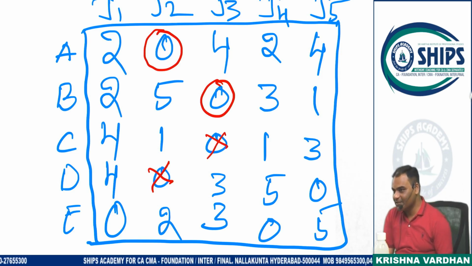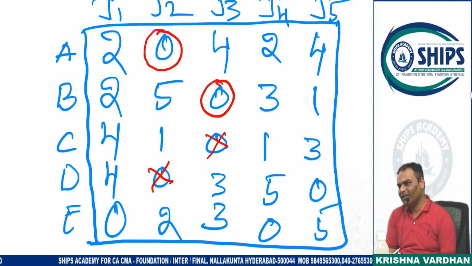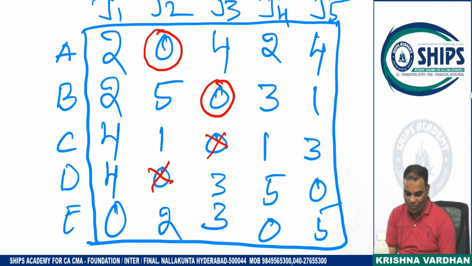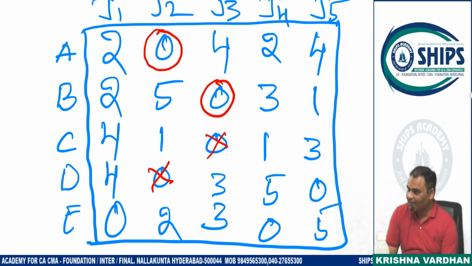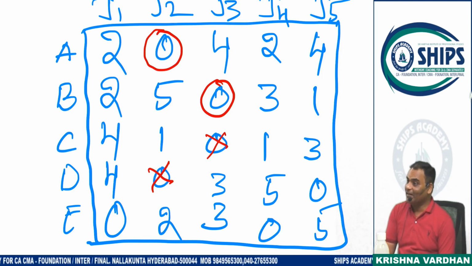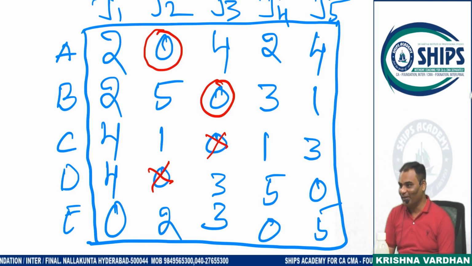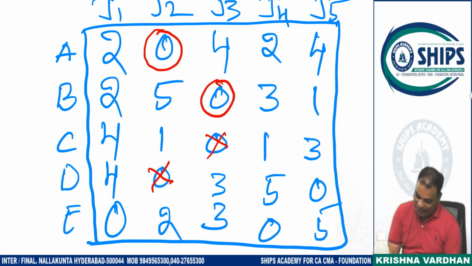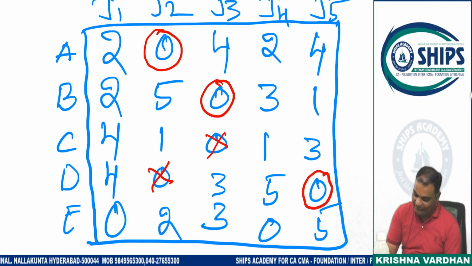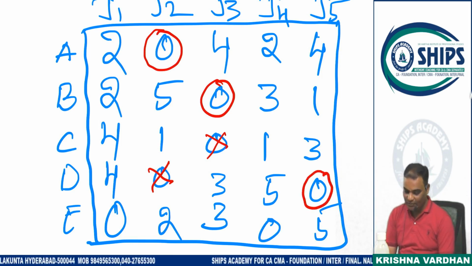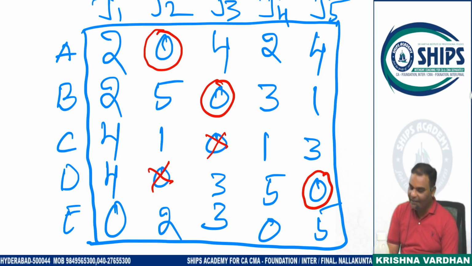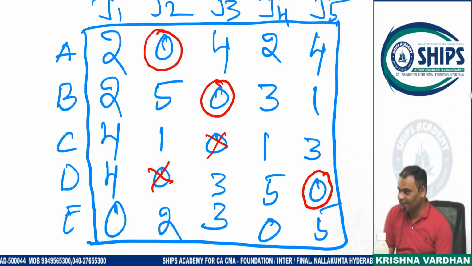Do you find any zeros? Earlier it was there, but it got killed. No life now. Leave it. Go to D. There were two zeros, but luckily one got killed. So one is there, and it gets nominated. So select. Check in J5. No. Go to E. Can I select?